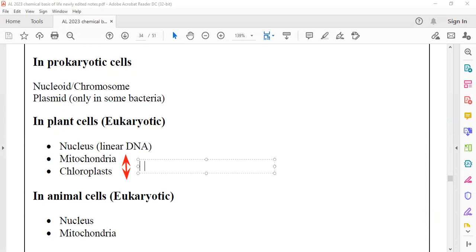Mitochondria means circular DNA, chloroplast means circular DNA, nucleus means linear DNA. Put those details there. Are you clear?